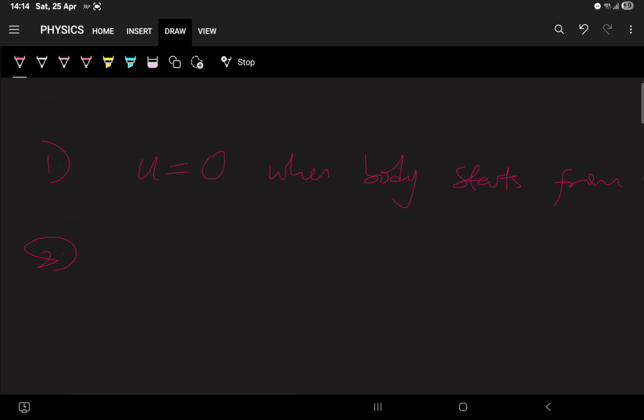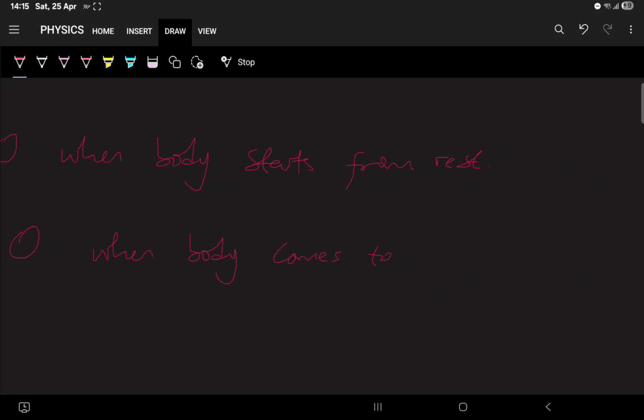Now, when a body comes to rest or stops, its final velocity is also 0. So final velocity, which is represented by v, is 0 when the body comes to rest or stops.